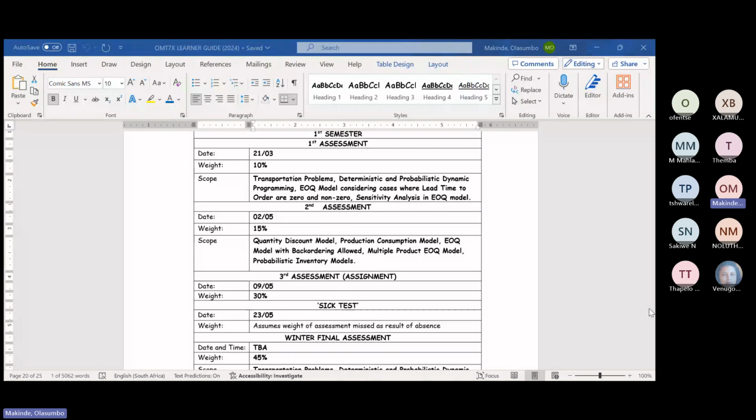Think about it. It's all about optimal usage of resources. And if you still remember, let me quickly give you an example of what you did in your second year. And for people that didn't do operations, at least you can use this to relate to what we're going to talk about. Think about it. You are the operations manager in a particular manufacturing organization, and you are producing 5 products.